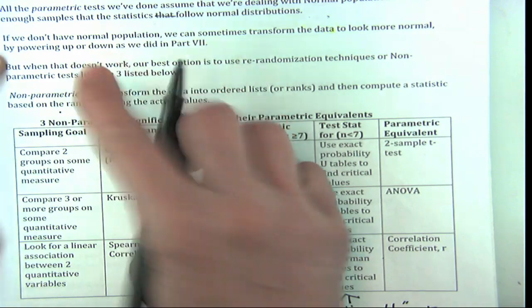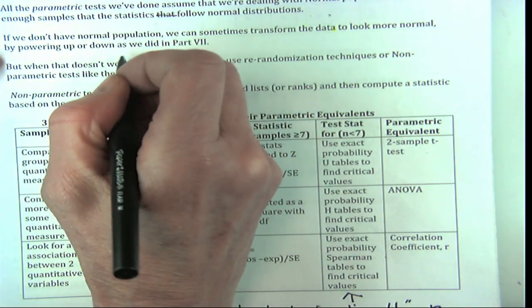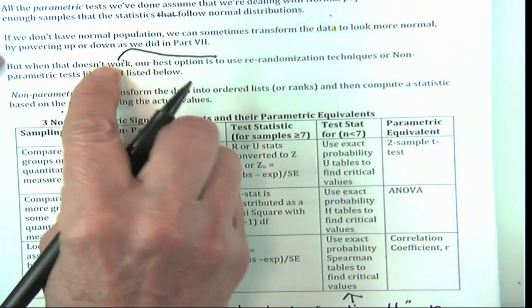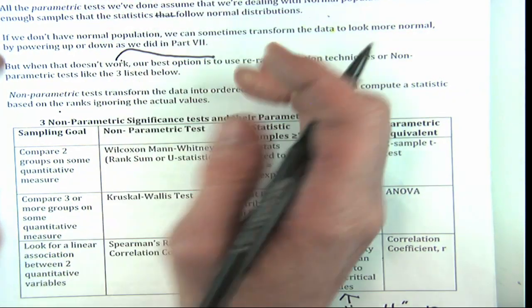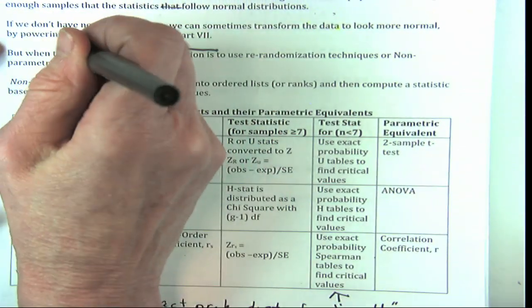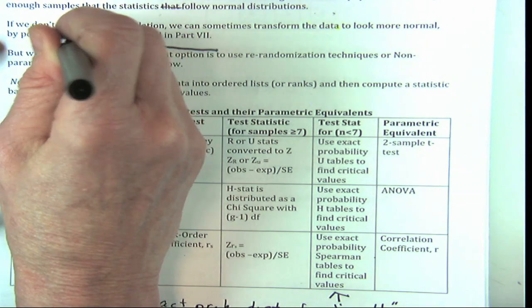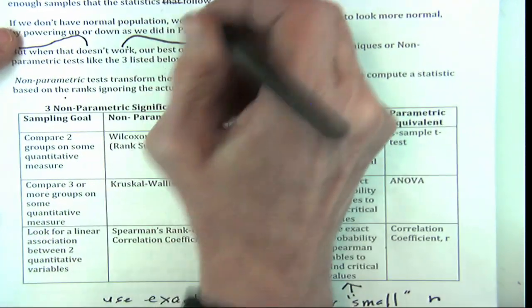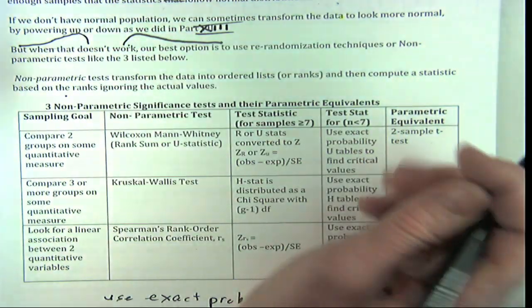That's what we did when we had data that was right skewed. We powered down; we wanted to bring this in, so we took logs and square roots. And when we had it looking like our exam scores, we powered up. We did those transformations in part 13. That's going to be on the exam.